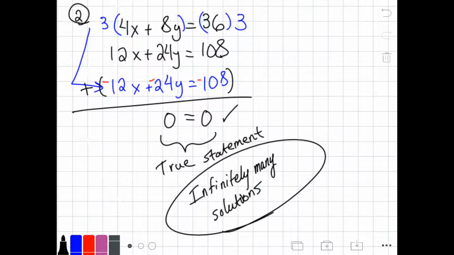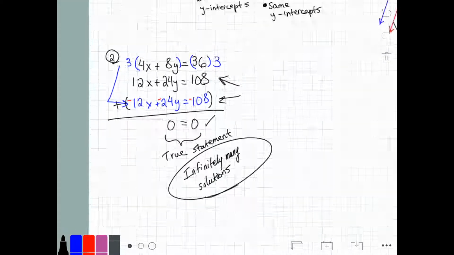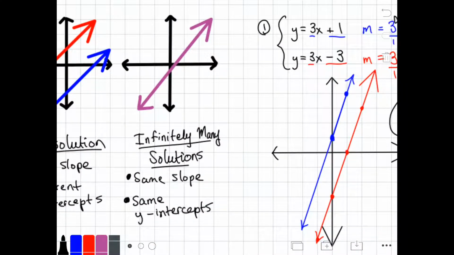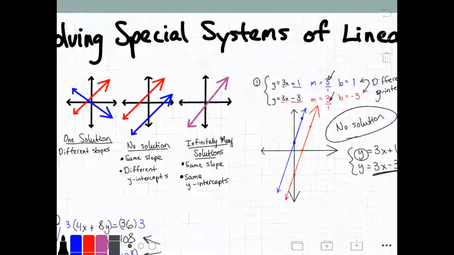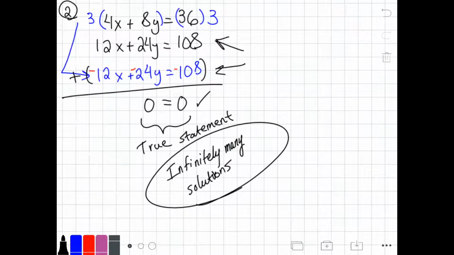So again, if I think about this, if I were to graph these two lines, because they're identical, their graphs would be identical. And when their graphs are identical, just like our chart up above, they're going to overlap. So there's going to be an infinite number of points that we could plug into this system that are going to give us a true statement.